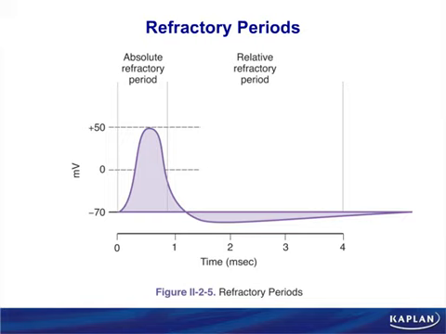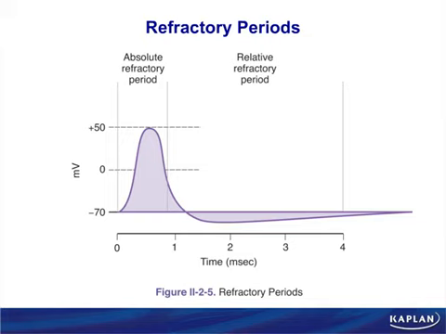Another big aspect is that the absolute refractory period determines the maximal frequency of action potentials. Frequency of action potentials means how many action potentials per second I can generate. Let's say I have a nerve that has an absolute refractory period of 1 millisecond.